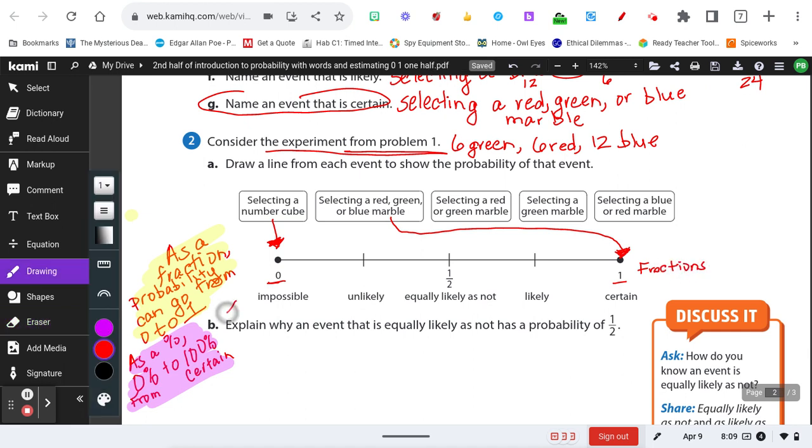But as percents, that would be 0%, 1/2 would be 50%, and 1 would be 100%, okay? So you can express your probability as a decimal, as a fraction, or as a percent.